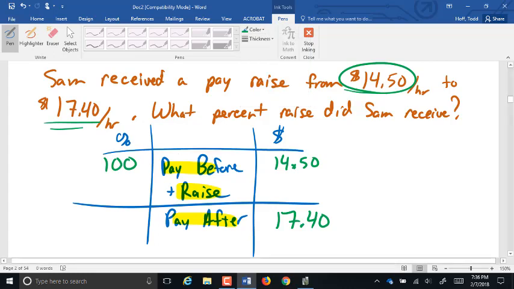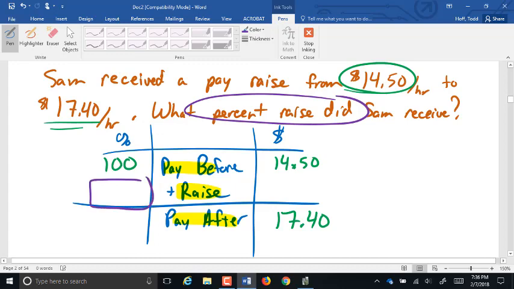So now as we look at this, it looks like we're trying to find, of course, the percent of the raise. This number here. For the pay before, we have both the percent and the dollar amount. So we're going to keep that row. However, we're looking for the raise, so we have to keep that row, but we don't know the number on the other side.